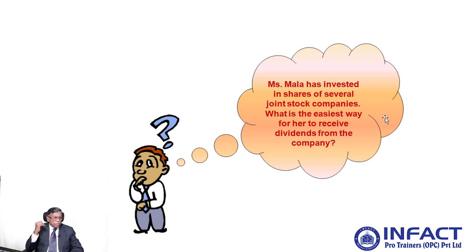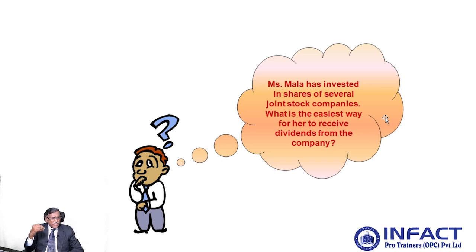Similarly here in our example, Mala has invested some money in shares, and that too in shares of different companies, in joint stock companies basically. When you invest in a company, every year the company declares some profit, or sometimes the company may incur a loss also.